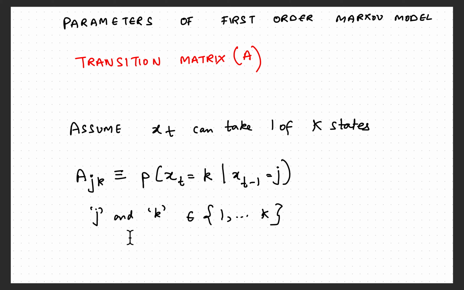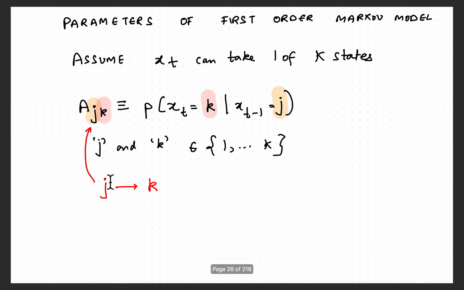So j and small k both belong to 1 through capital K. Now the term A of j of k is indicating that there is a transition from j to k. Previously you were in state j, now you've moved to state k. So that's how it's typically written.